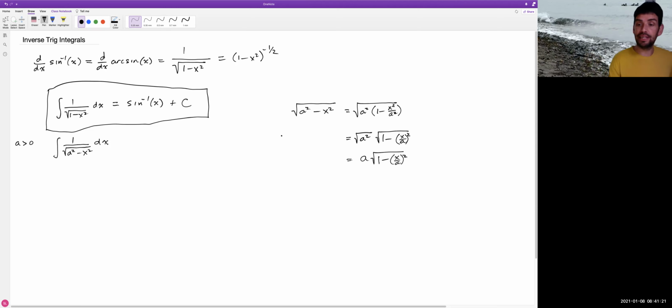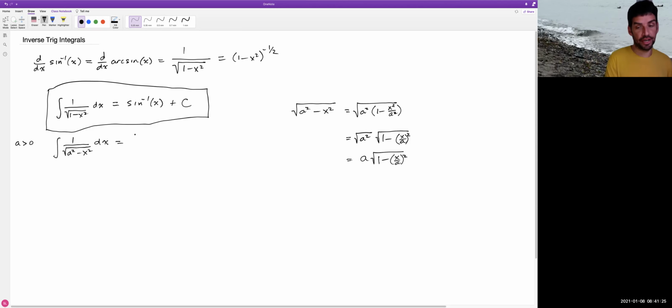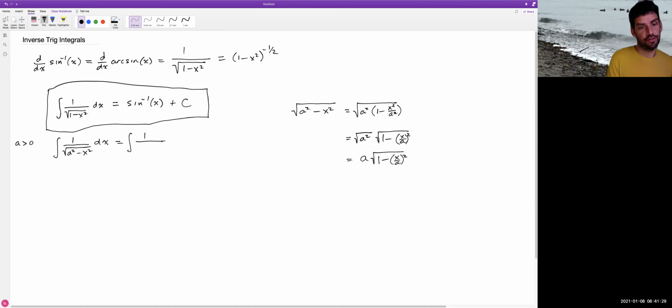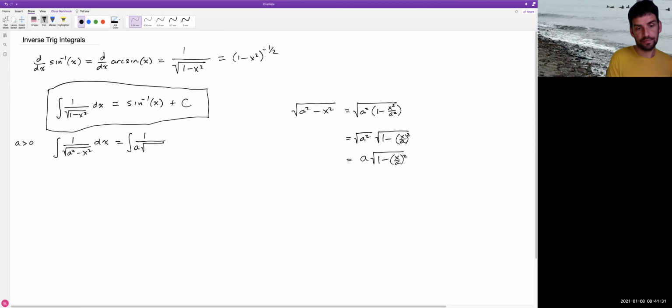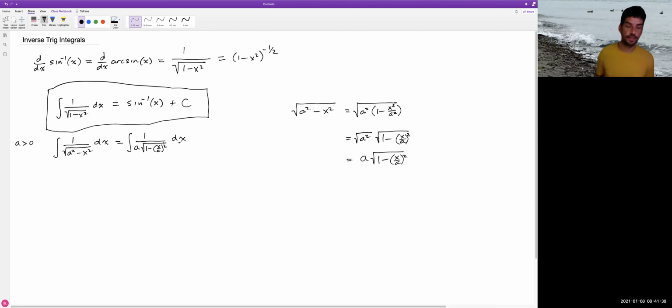Okay, so I'm going to replace what we have in our integral, the denominator here, with what I've just worked out off to the side. So this becomes a times the square root of 1 minus x over a, squared, dx. Okay.